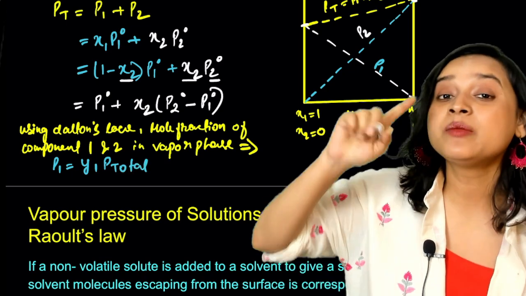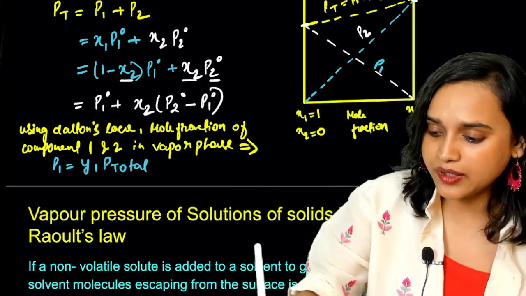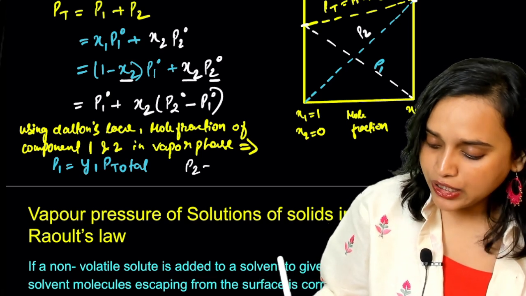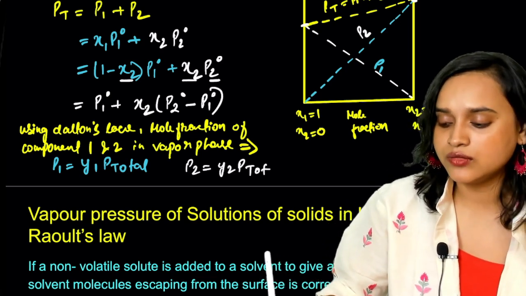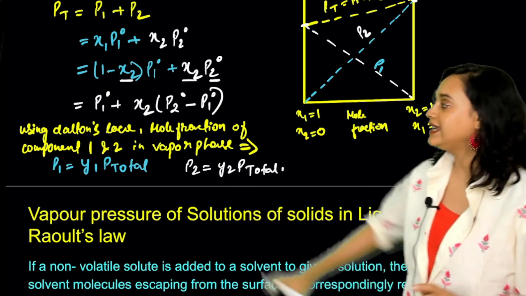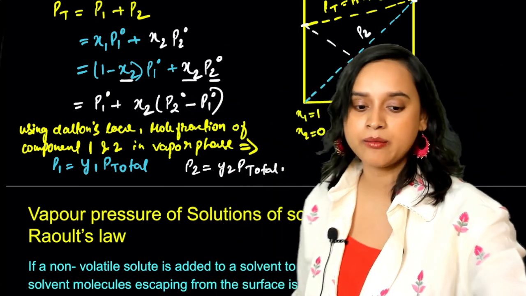Why Y1? Because vapor phase. For X1 we have already understood that it is for the liquid phase. Now for P2 it is going to be Y2 multiplied with P total. Understood? Yes. So this is about your Raoult's law.